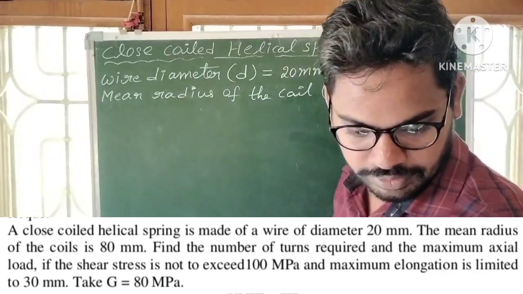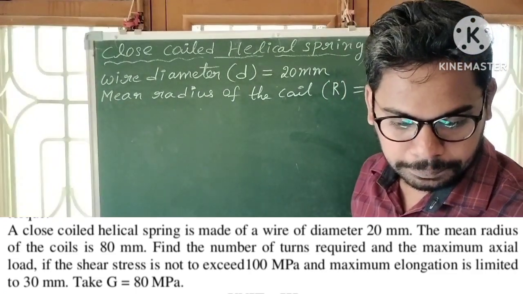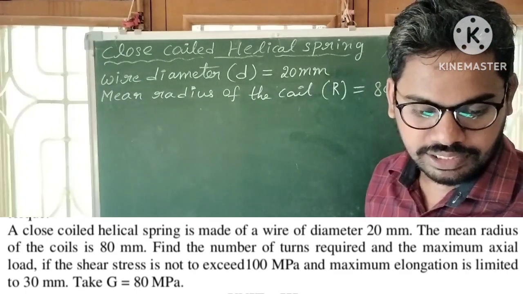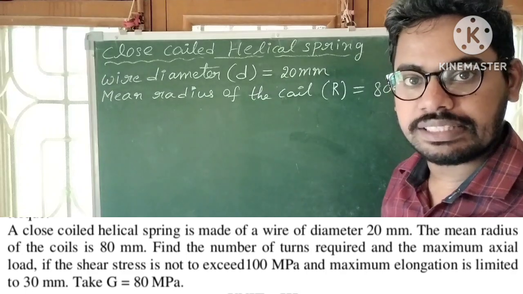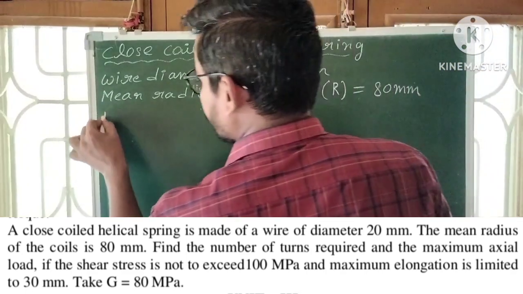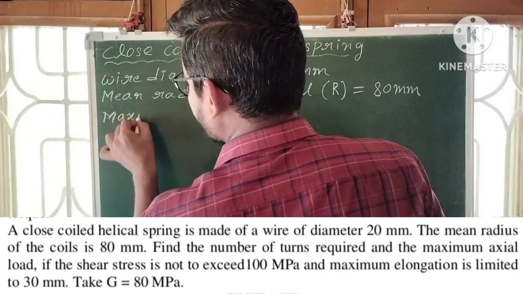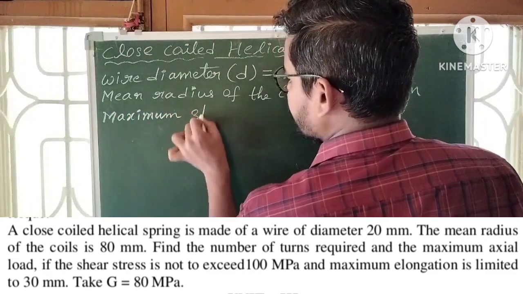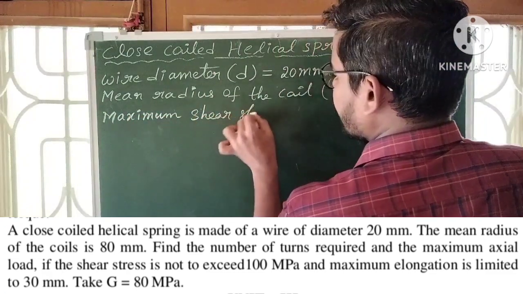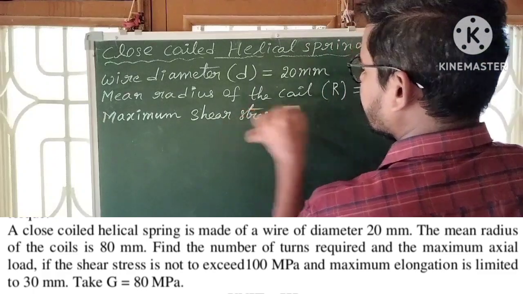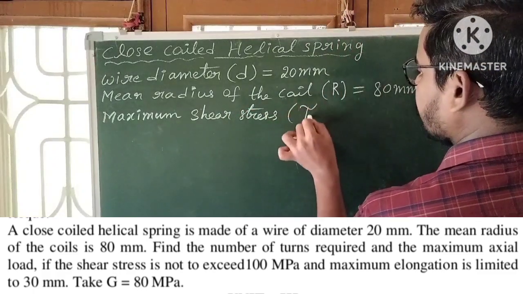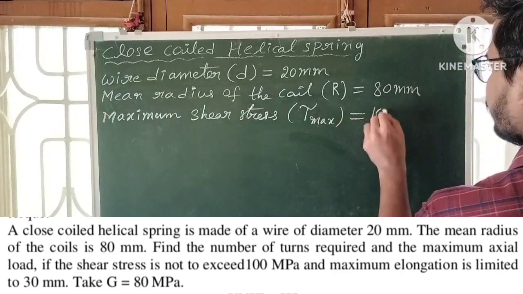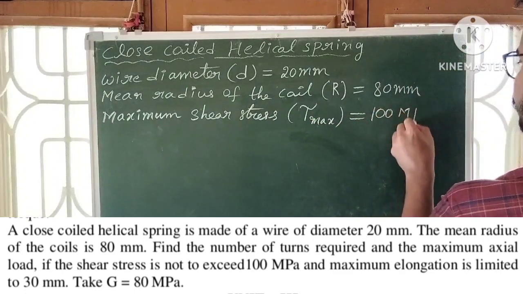Next, we also given maximum shear stress. If the shear stress is not to exceed 100 MPa means he given maximum shear stress induced in the wire. Let us say tau max is equal to 100 MPa.